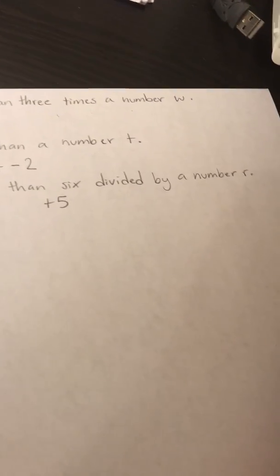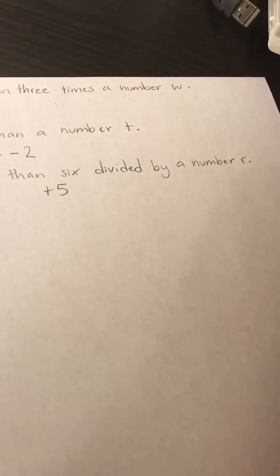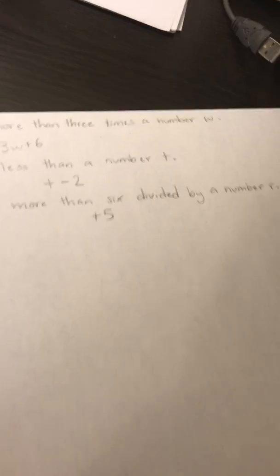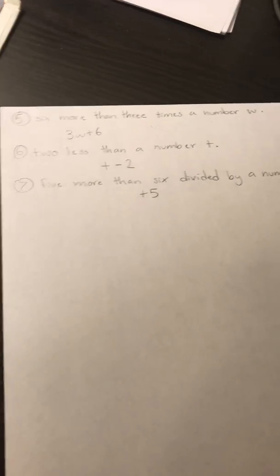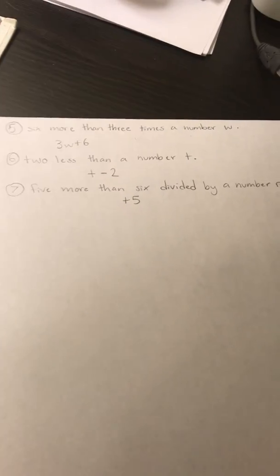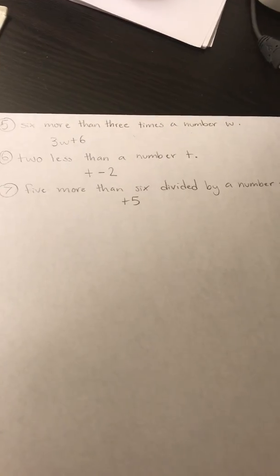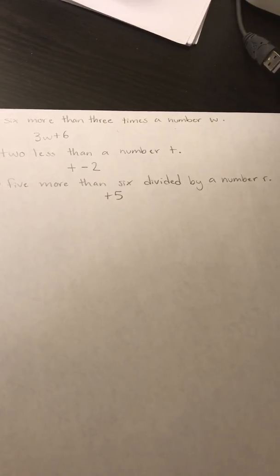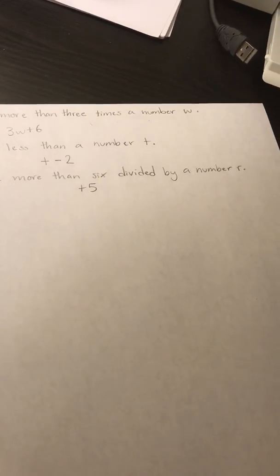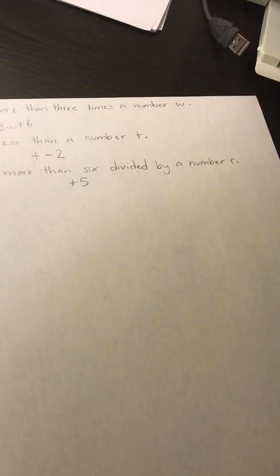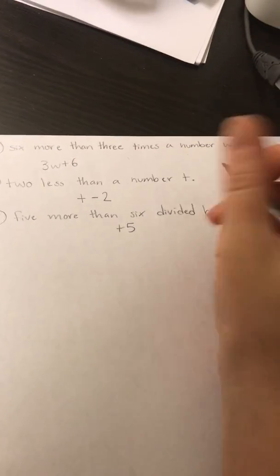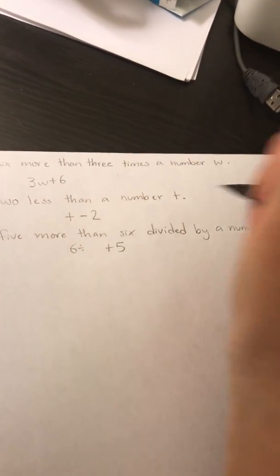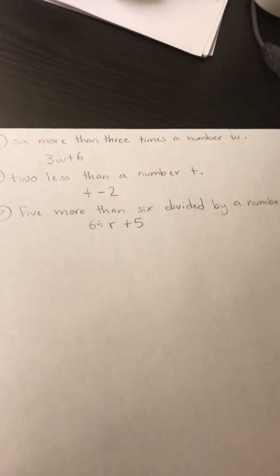Okay? So if I'm doing 6 divided by it, how do you think we're going to write that if it's 6 divided by it? This is going to be 6 divided by R plus 5.